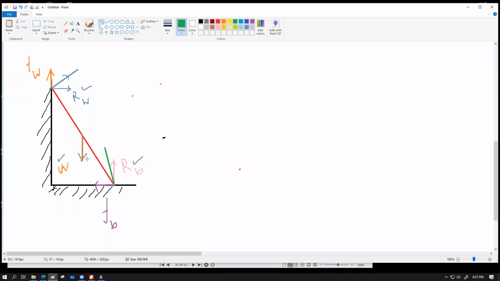So that is why I am quoting this information. Because if this ladder has to be in equilibrium in this state, then the intersection point of these forces, let's say this one, and this one, the intersection point of these three forces should definitely pass through one single point.